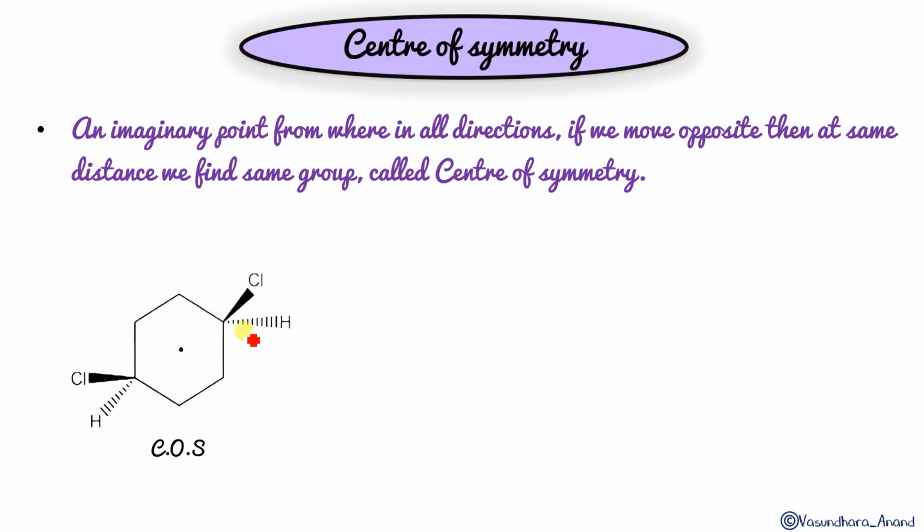So let's do this example. This is the imaginary point. If I'm going in the opposite direction, I'm going in this way. In front, I'm going to get chlorine, and if I'm going in the opposite direction, to the back side, I'm getting hydrogen. So these are two different groups I'm getting. So that means, is there any center of symmetry?